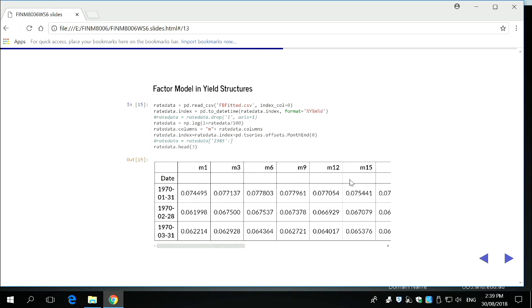So that's how you can actually use some of the statistical technique to estimate the factors. As we said, how many number of factors to put in is an empirical question.